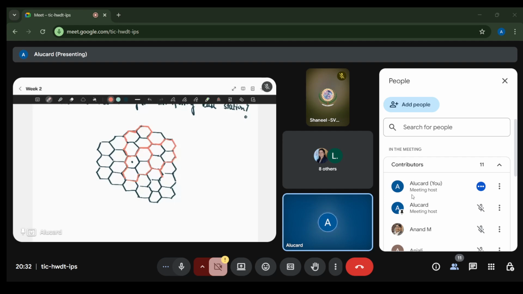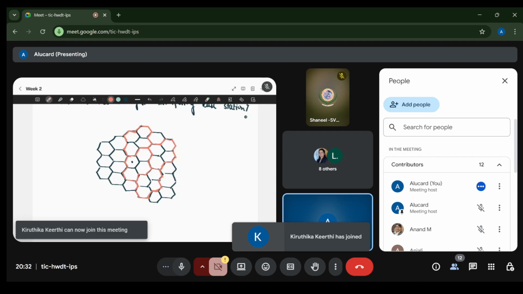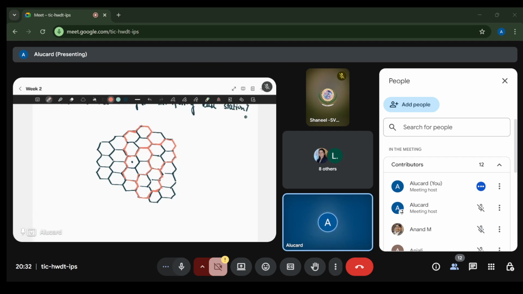Another cluster is this one. You can form clusters in different ways also. This orientation is not standard. You just have to have four adjacent cells in your cluster.